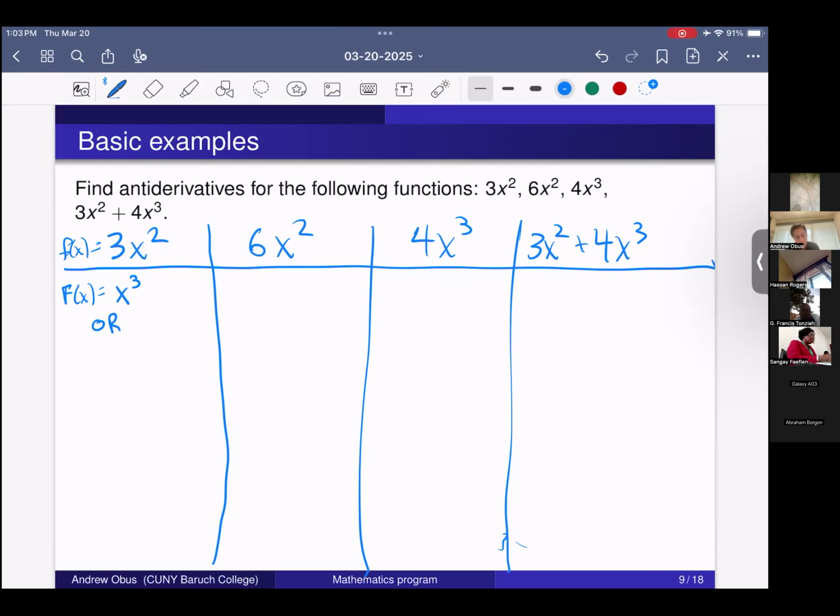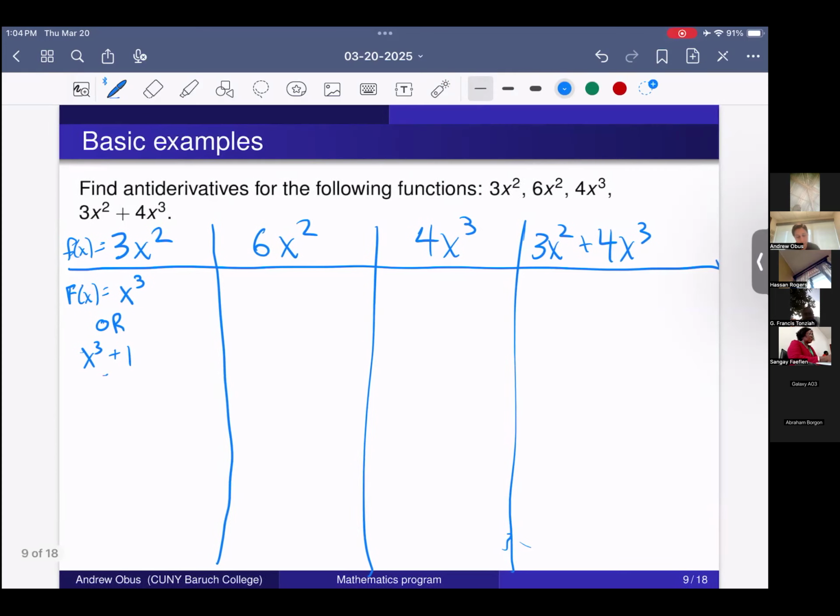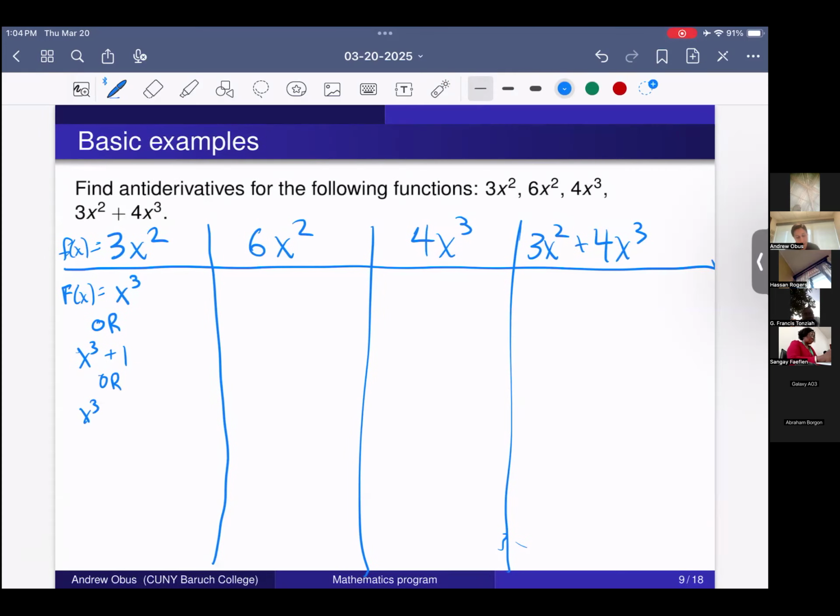Another answer is you could take x to the third plus 1, right? I mean, if I take the derivative of 1, that's equal to 0, right? So x to the third plus 1 also has 3x squared as its derivative. And then there's nothing special about plus 1. It could be x to the third minus 1, or x to the third plus 75, or whatever, right?